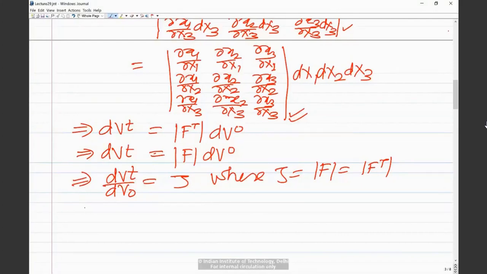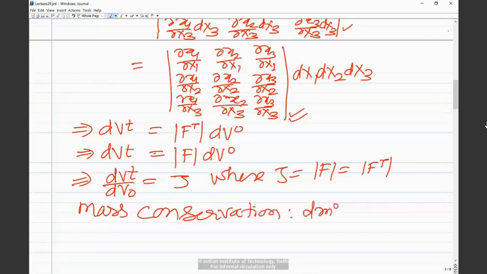Now if we look at mass conservation, mass conservation means the mass of the differential element in the reference configuration will be the same as the mass of the same element in the current configuration.